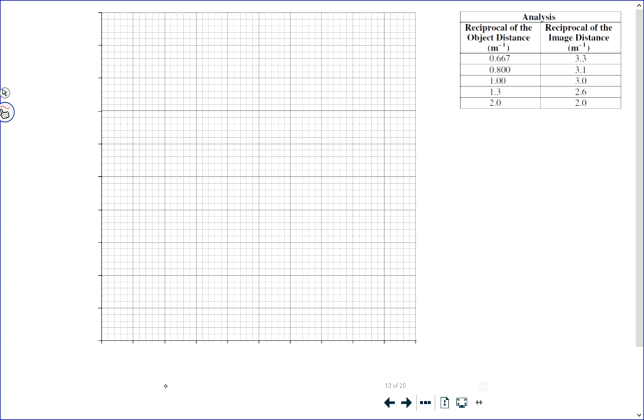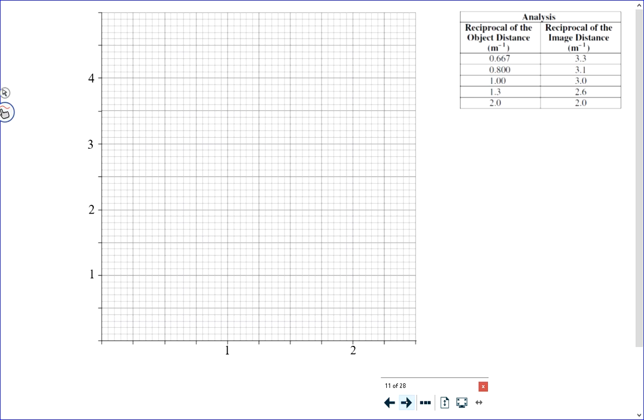So you're going to have to scale your graph somehow so that you see all of that data when you plot it. In my hypothetical situation here, I'm going up to at least 5 vertically, and I'm going up a little bit past 2 horizontally. You'll have to choose a scale that works best for you.